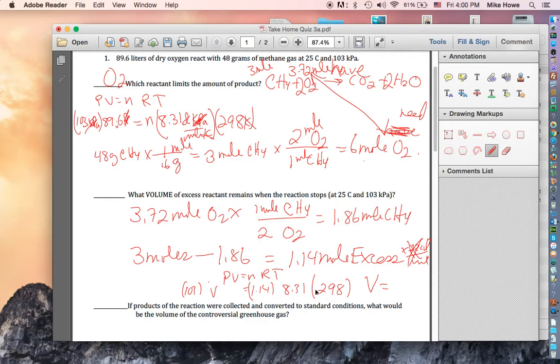So here we go, 1.14 multiplied by 8.31 multiplied by 298, then divide that answer by 103, and I get 27.4. So 27.4 would be the volume that is left over, 27.4 liters.